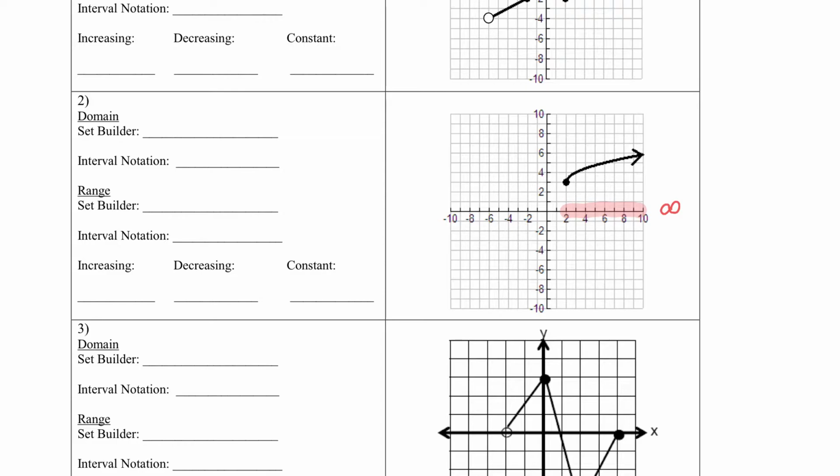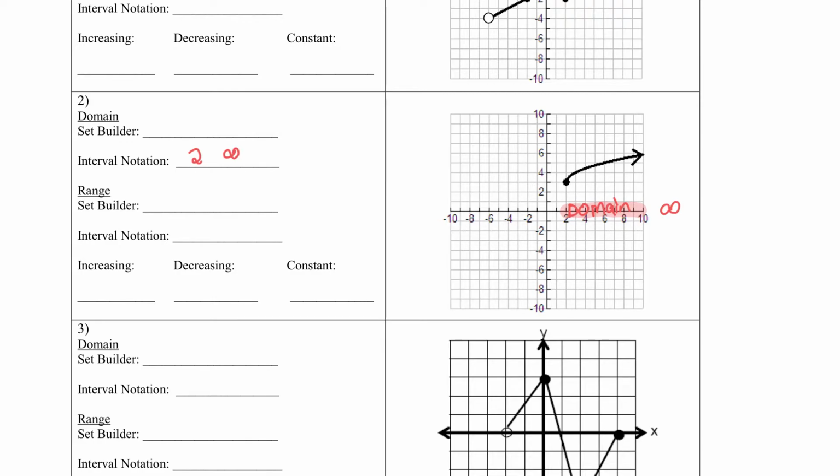So I purposely chose one of the harder ones, so I'm going to start with the interval notation. Remember that this is your domain for this function. And we know that for this domain, we're going to start at 2, and we're going to continue going until infinity.